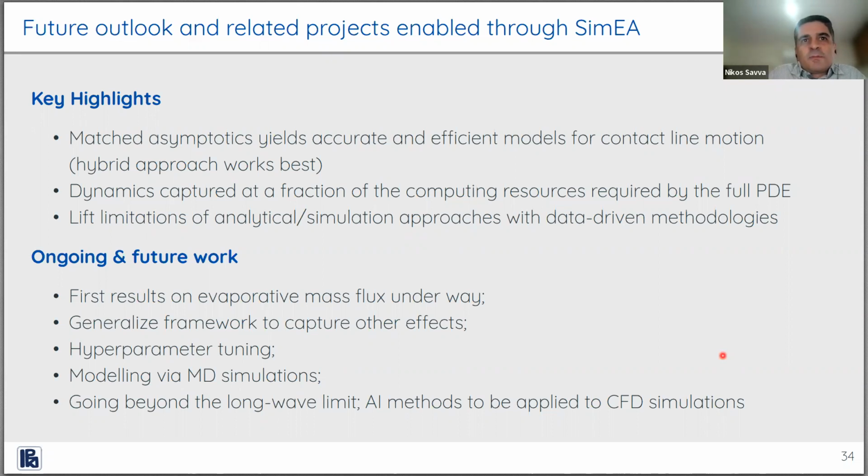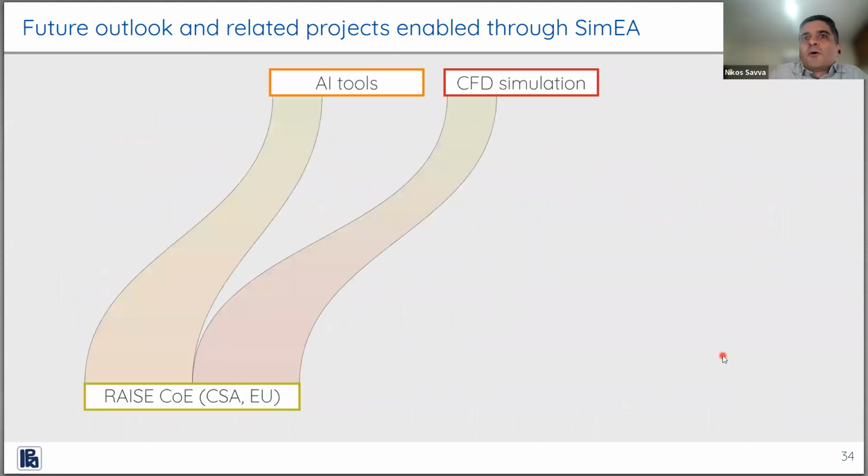In another development, we're also going to start with Vangelis Harmandaris to model droplets on surfaces using MD simulations. And we also want to go beyond the long wave limit by applying these AI methods to CFD simulations. Some of the projects that have been enabled through the CIMEA project is the RAISE COE that I have talked about, where we combine AI tools and simulation.